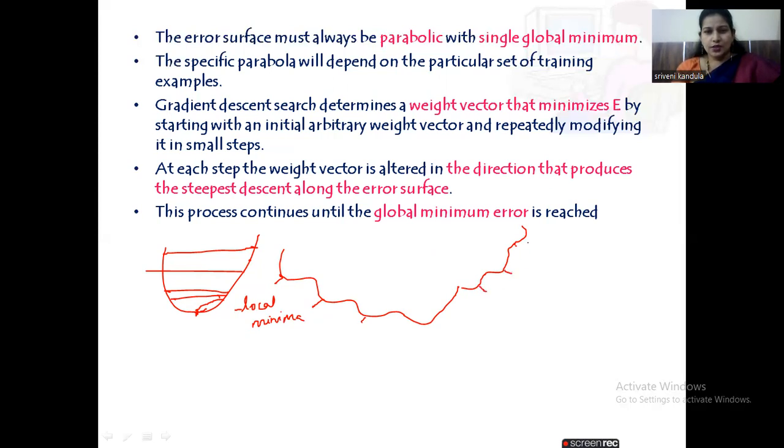Among all these, whichever is the steepest one, here this is the steepest one, right? So this we take as the global minimum. So we are continuing this process until the global minimum is reached.